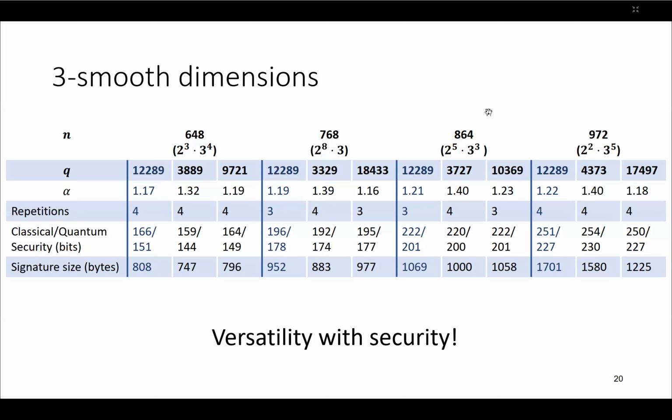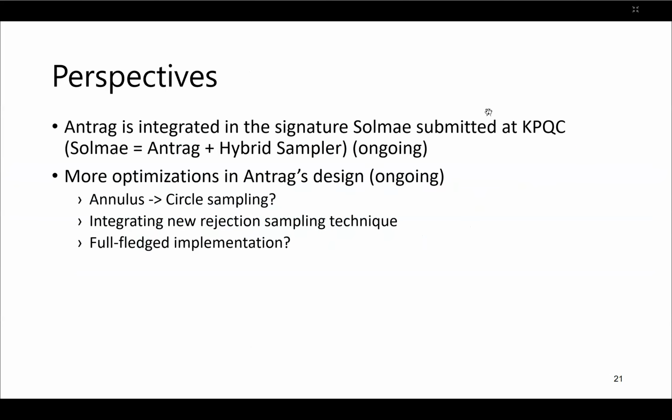So for all the technical details of the analysis and these parameters, I invite you to read our paper, which is available on ePrint. Before ending, I'll talk a little about the perspectives. The first information is that untype is already integrated in the signature scheme which has been submitted to the Korean post-quantum competitions, which are ongoing.